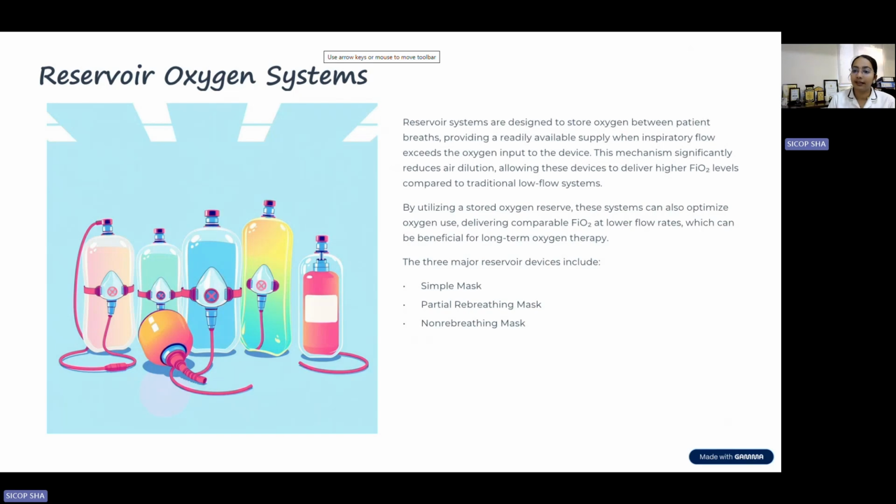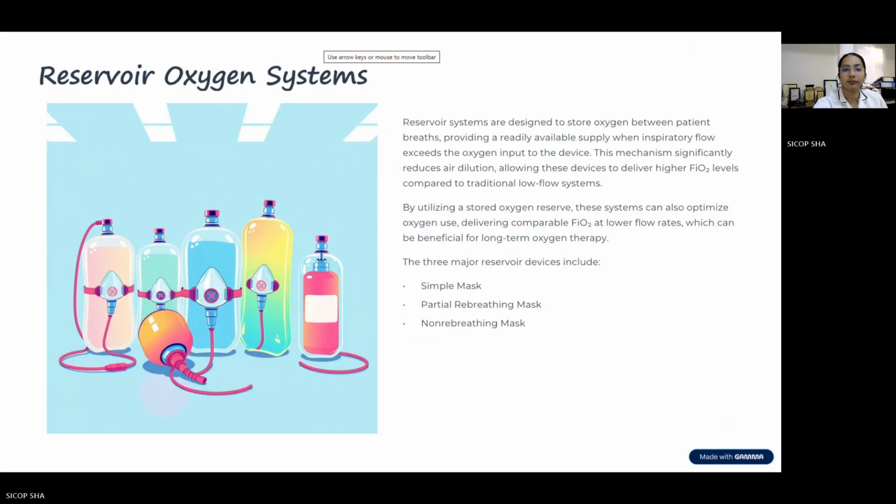This mechanism significantly reduces air dilution, allowing these devices to deliver a higher FiO2 level compared to the traditional low flow system. There are three major devices: one is the simple mask, second is the partial rebreathing mask, and third is the non-rebreathing mask.